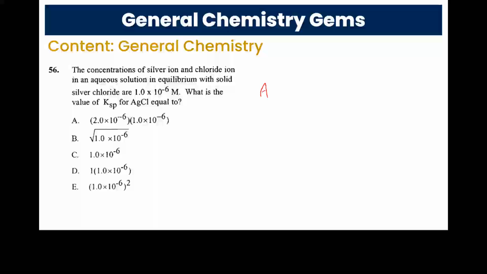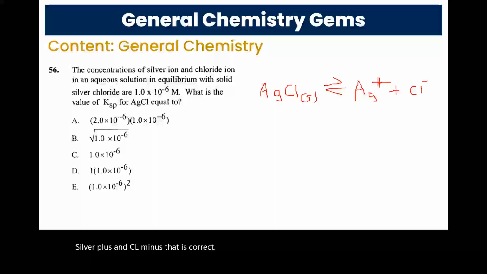I'll get you started. AgCl solid dissociates into Ag+ and Cl minus. That is correct.